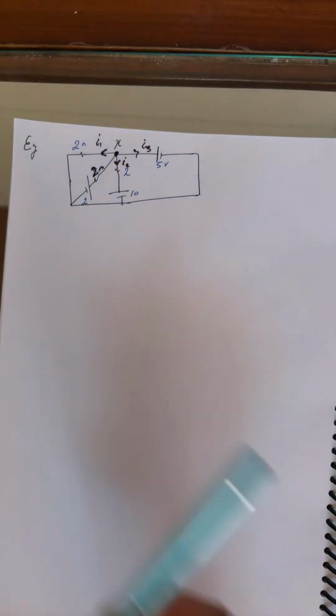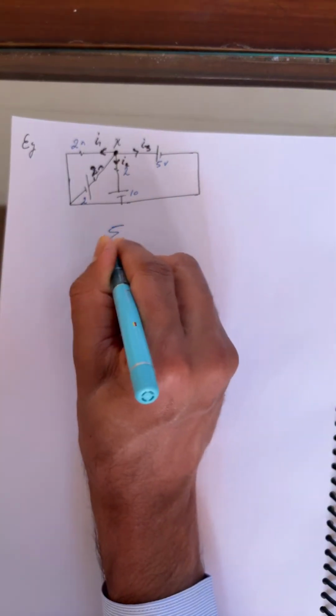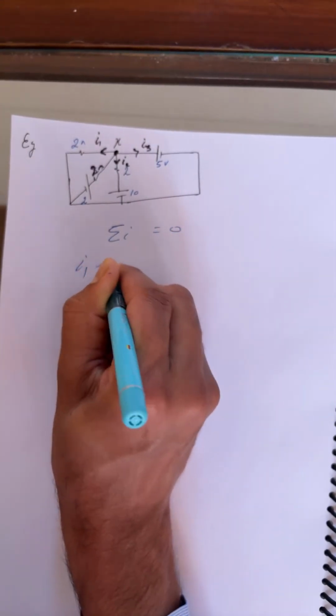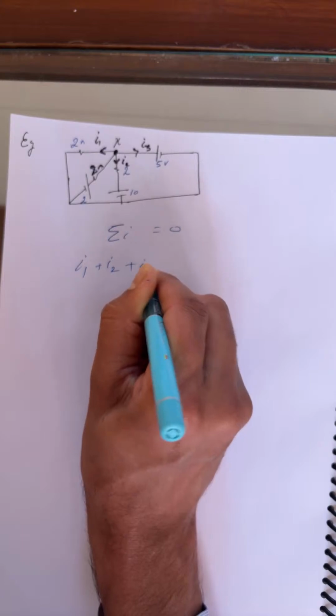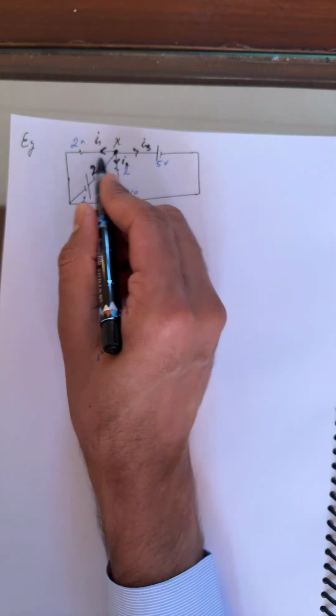Now, as I said, the entire summation of current is equal to 0. So we can write I1 plus I2 plus I3 equals 0.